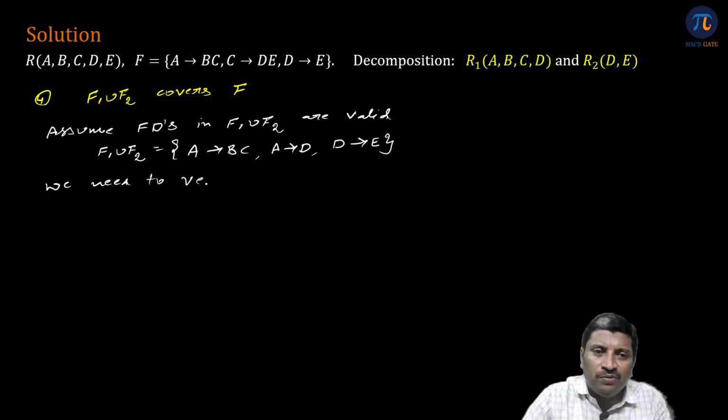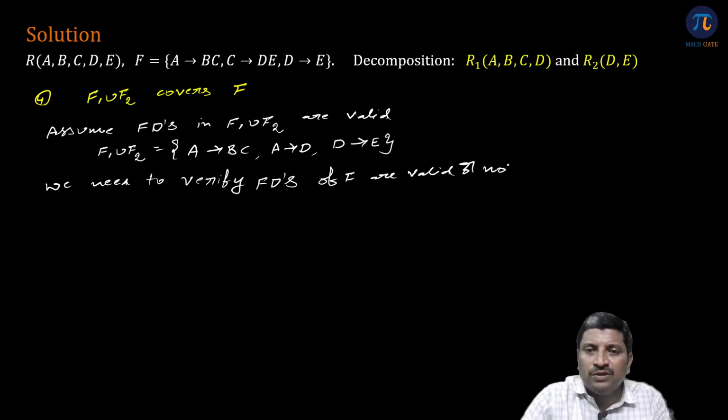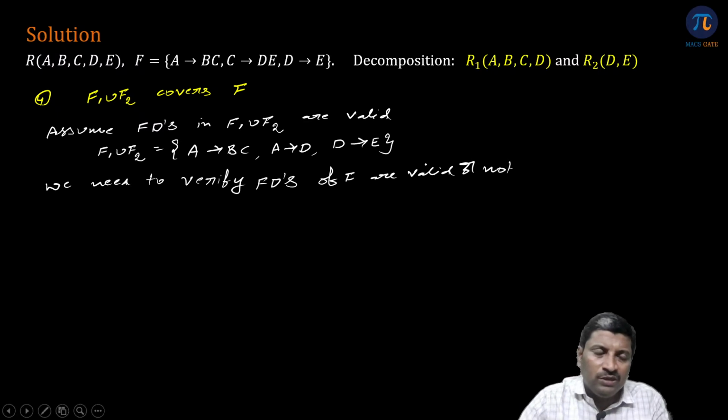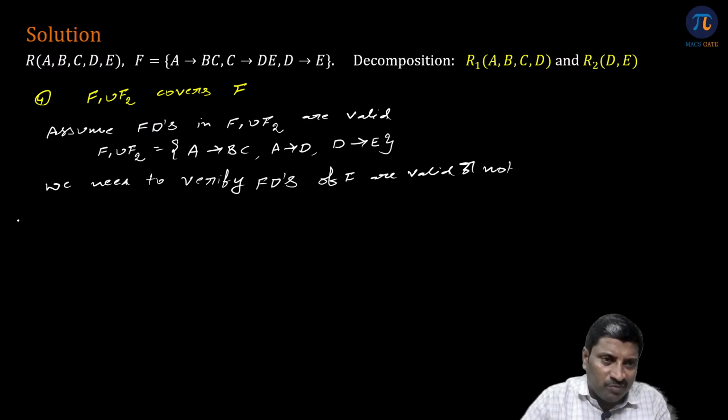We need to verify whether the FDs of F are valid or not. That means whether they are implied by F1 union F2 or not. So let us consider one by one. What is the first FD in F?